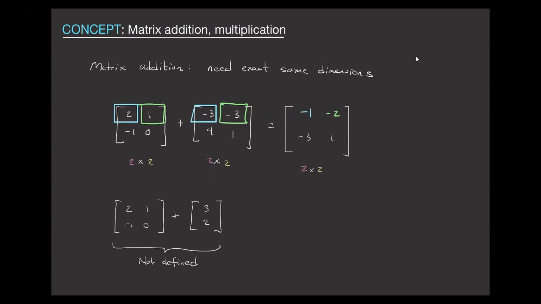Yes, it's true that you can match up some of the coefficients. Like you could say, in theory, this is the first row, first column entry, and so is this. All right, that's fine. But then you're going to have a mismatch when you look at this one. So you're not going to be able to decide what you should add here. So you need to have the exact same dimensions.